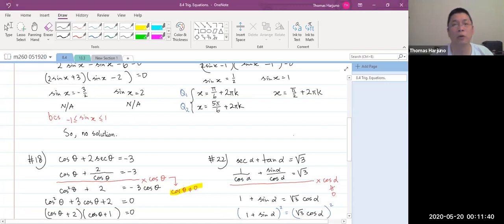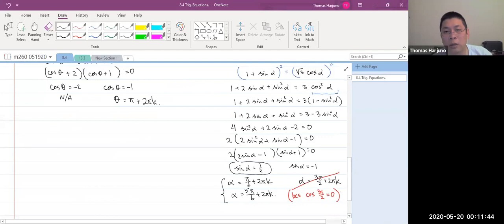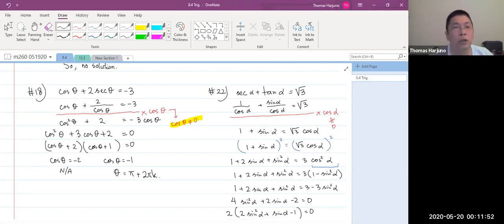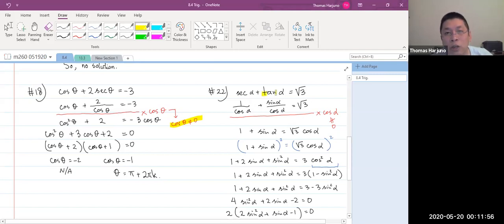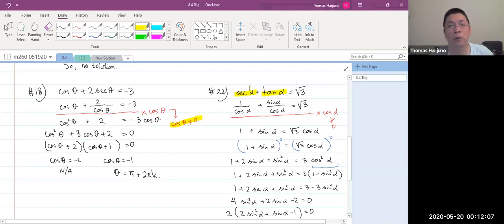Now on the other hand, I cannot take 0 here because earlier when I multiplied by cosine alpha, it means cosine alpha cannot be 0. You will see that 3 pi over 2 is not in the domain of tangent nor in the domain of secant, because secant of 3 pi over 2 is undefined.